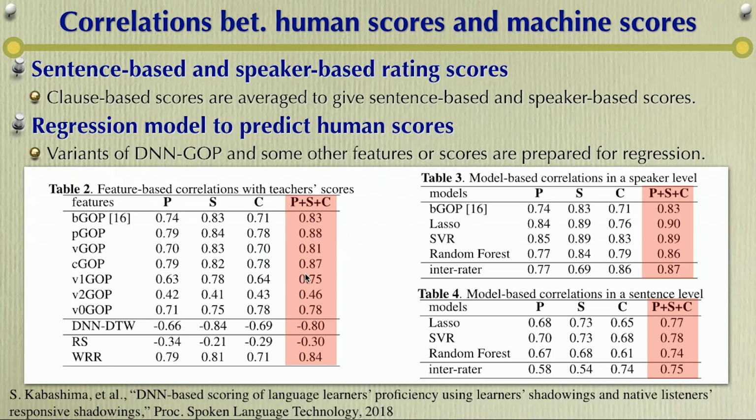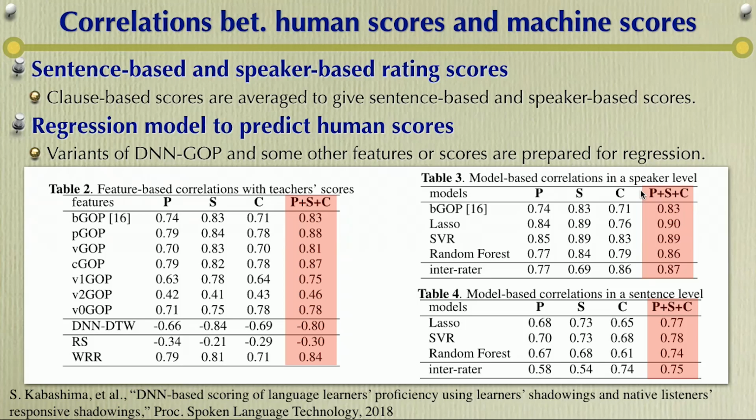But these are feature correlations without introducing any regression or prediction models. By introducing a prediction model, a regression model, the correlations are somewhat improved. This is the inter-rater correlation. It is very comparable. We are very happy about this. But this is a speaker-level assessment.